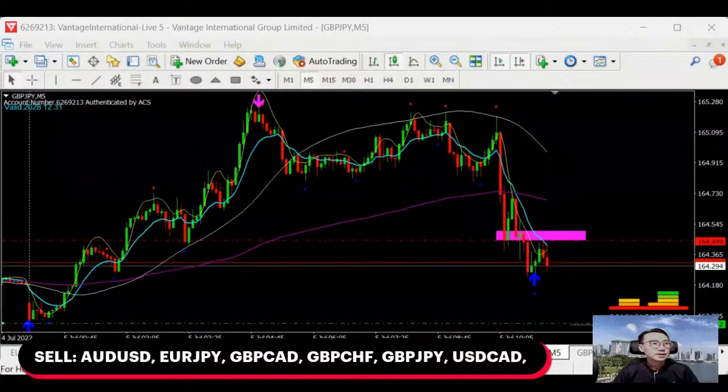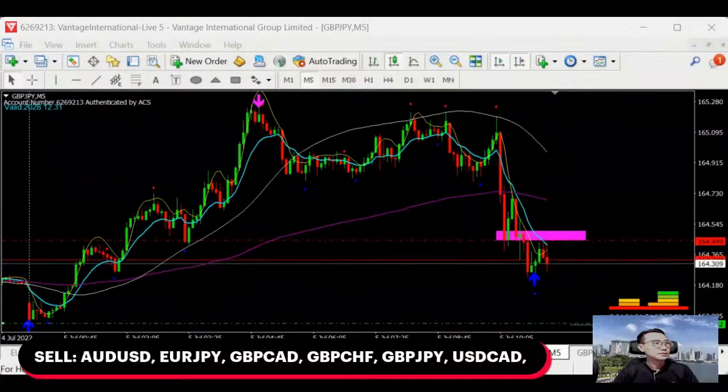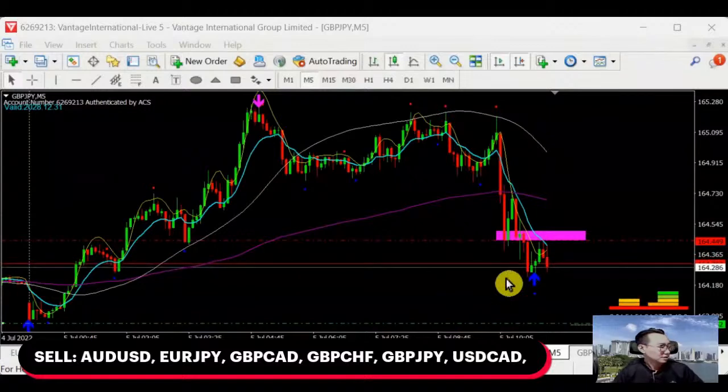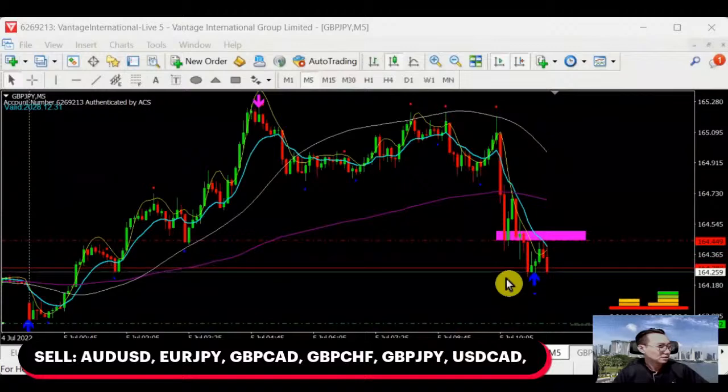Pound Yen is actually quite good over here. Not sure if you can hear me. Oh, I lost the connection. Where's my connection?